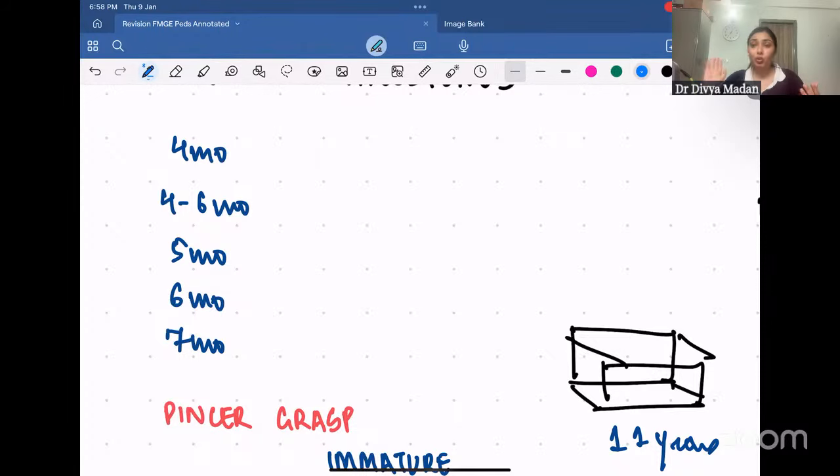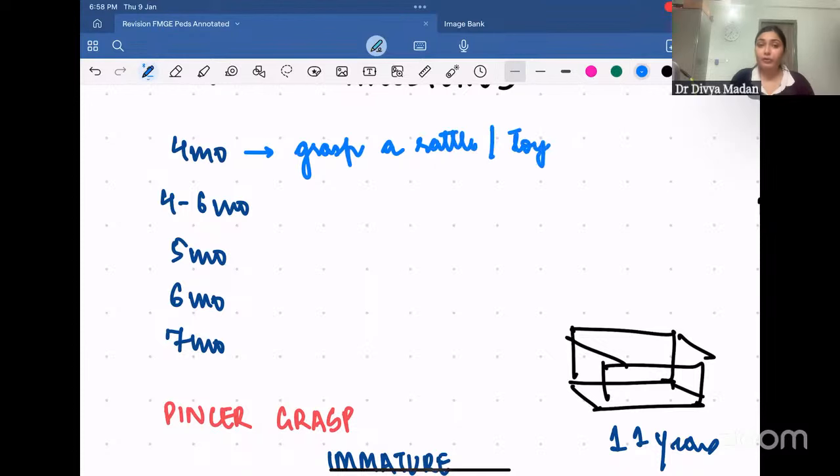This has to go so that the baby can voluntarily grasp the toy or rattle, whatever the baby wants to hold. So the palmar grasp reflex goes before 4 months of age so that the baby can finally grasp a rattle or a toy at 4 months of age.